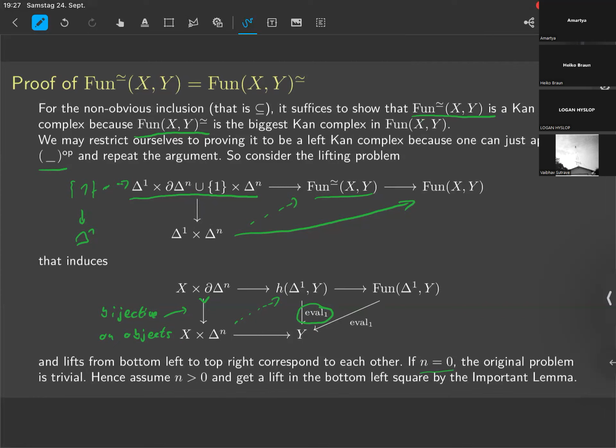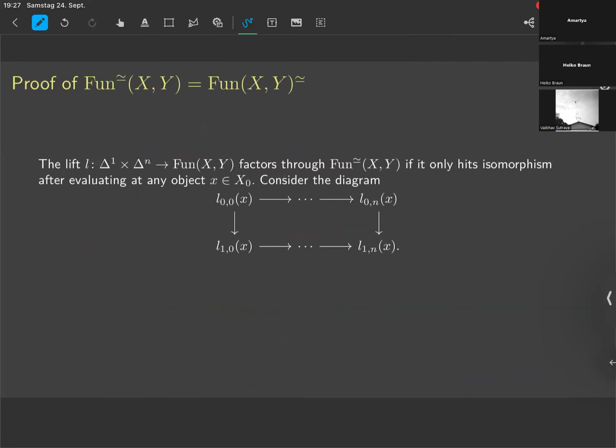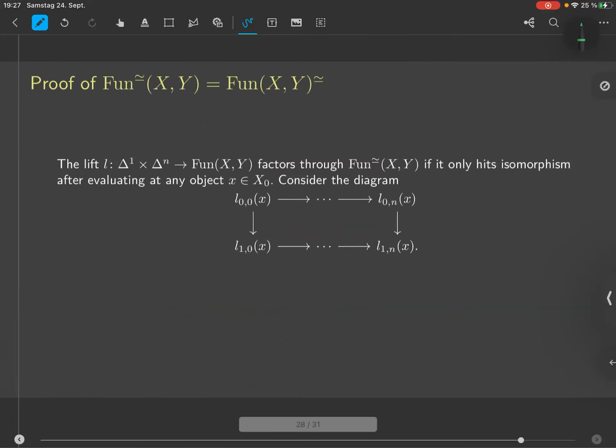But how do we get this map here? Okay, now we assume we have gotten this map by the lemma, and the question is why the induced map on top also factors over this part. We can see this from the next slide. So we have this lift L. Let's again write what L is.